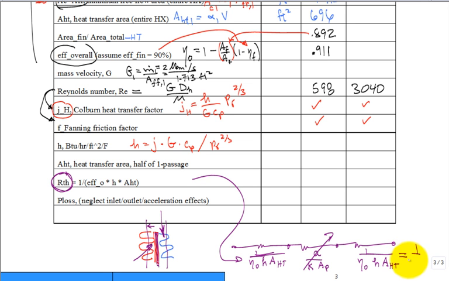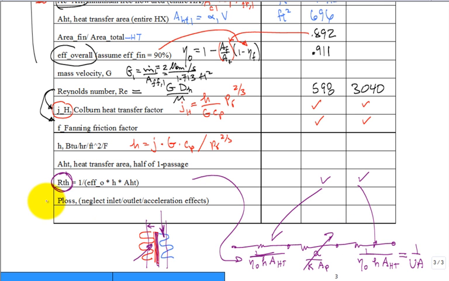It's 1 over UA. What is the A? It's whatever is matched with the U. And when we go back up, in our overall heat exchanger effectiveness-NTU method, UA is a parameter together. So you have to do it for both sides, this side and that side. Neglect the middle, and you can get the overall heat transfer coefficient.